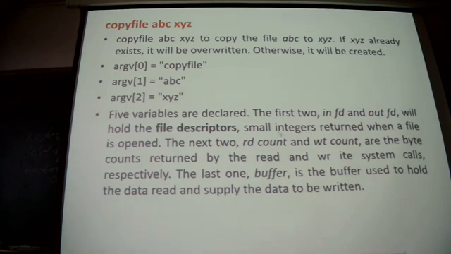And then when we achieve copy file abc to xyz, we should declare some variables. Now there are 5 variables. The first two are in fd and out fd.